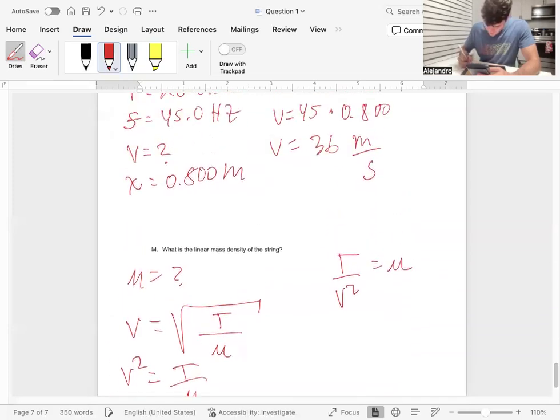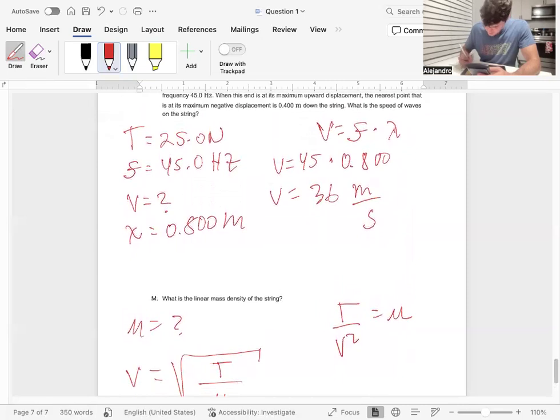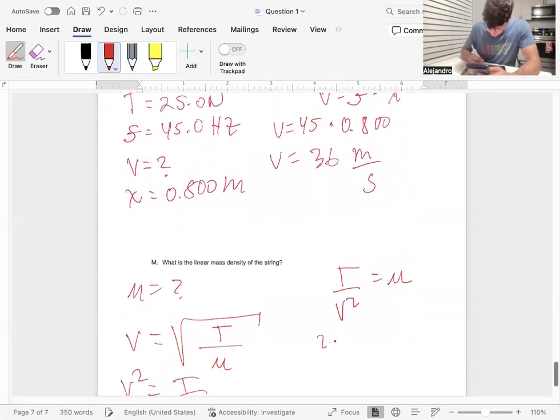Okay. We have a tension, which is 25 Newton.